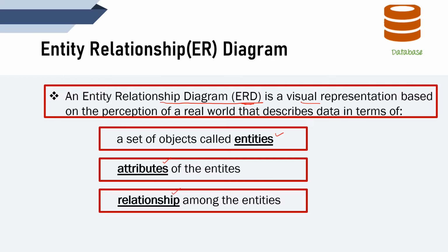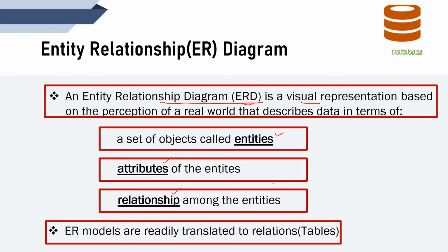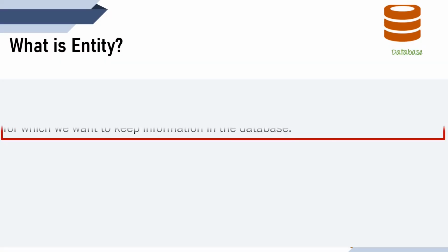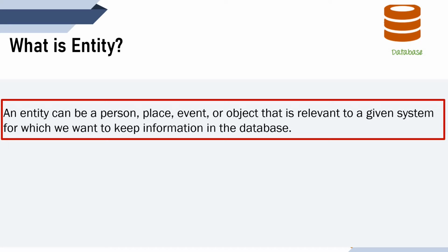Understood? Now this ER models will ultimately be translated to relations or tables. So you can understand this forms the basis of database design. Now, what is an entity? An entity can be anything, a person, a place, an event or object which is relevant to your system and about which I want to keep information in the database.